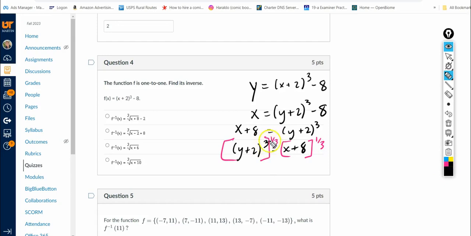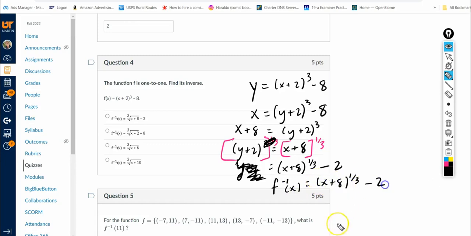And so 3 times 1/3 is 1, which is what I designed it to be. And then I'm going to subtract 2 from both sides. And so I have y by itself now, and I have solved for y. So my answer will be f inverse is equal to x plus 8 to the 1/3 power minus 2.